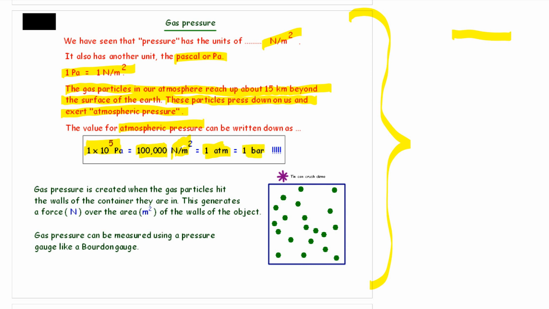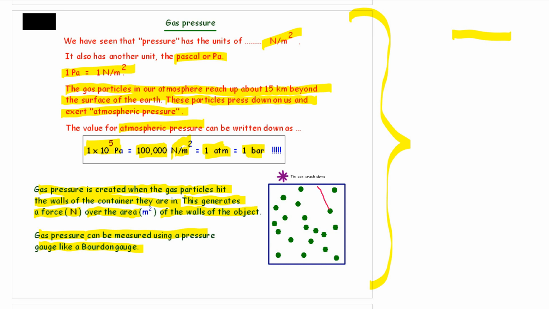Now, gas pressure is created when gas particles hit the walls of the container that they are in. They generate a force over a certain area on the walls of the object. Gas pressure can be measured using a pressure gauge, like a Bourdon gauge. Now, we've got a tin can here. It contains lots of gas particles.